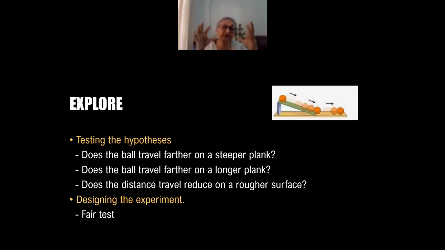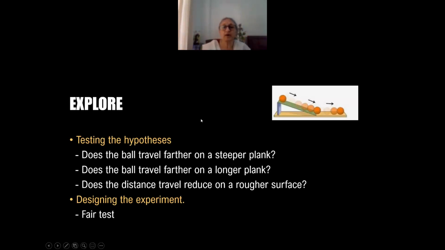So the test will not be a fair test. So before designing the experiment, they will understand the meaning of a fair test, how they have to change only one variable at a time and keep other variables constant, and then see the effect on the dependent variable.